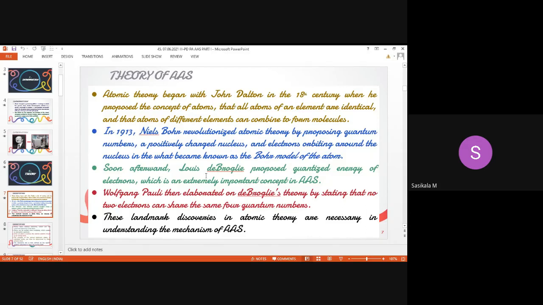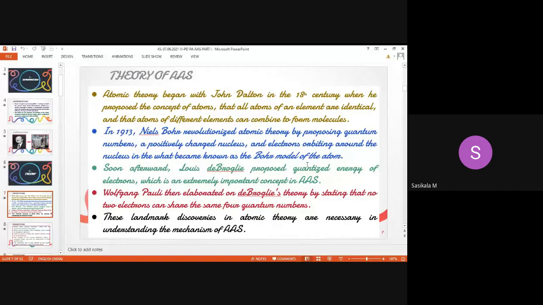Soon afterward, Louis de Broglie proposed quantized energy of electrons, which is an extremely important concept in atomic absorption spectroscopy. So the electrons will be quantized, which means these electrons will absorb photons.